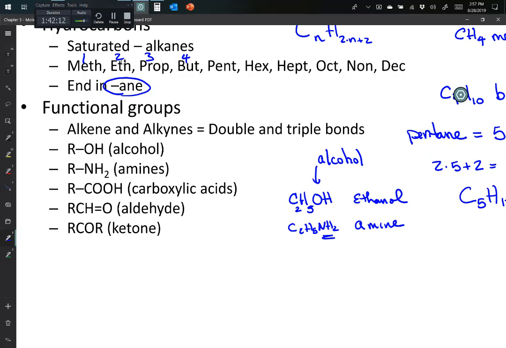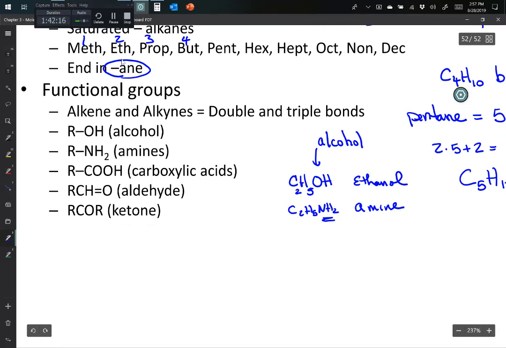So we have alcohols, we have amines. We also have carboxylic acids, where you replace one of the hydrogens. In all of these, I'm replacing one of the hydrogens with one of these groups. And then there's also aldehydes and ketones, which I don't care about right now, but you'll learn those in the future.